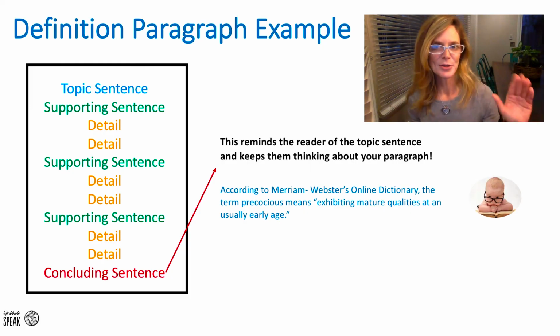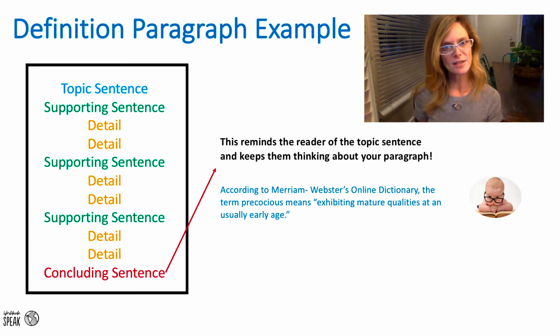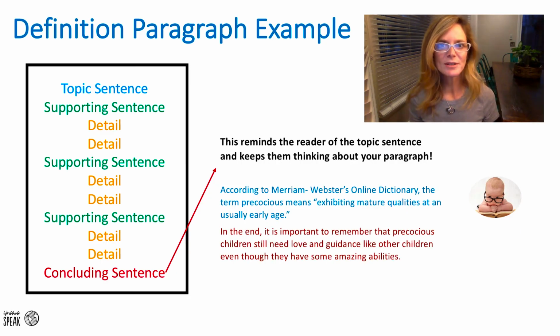So we have the children teaching themselves how to read. Well, we could write a concluding sentence that says kind of the same thing, but also keeps the reader thinking. Might look something like this.